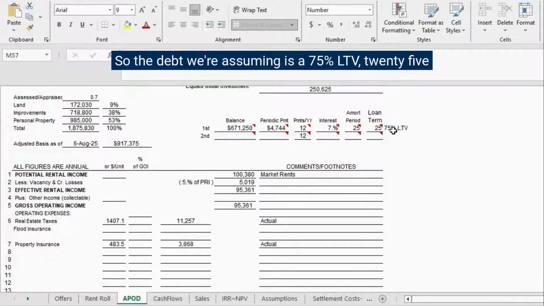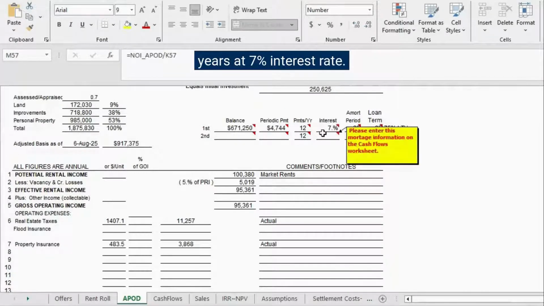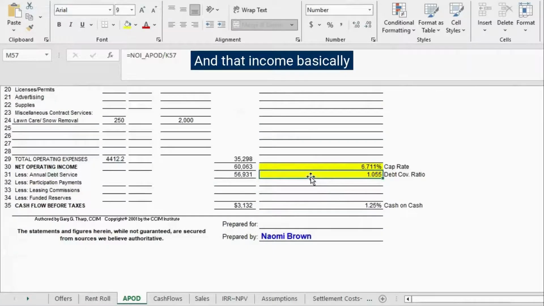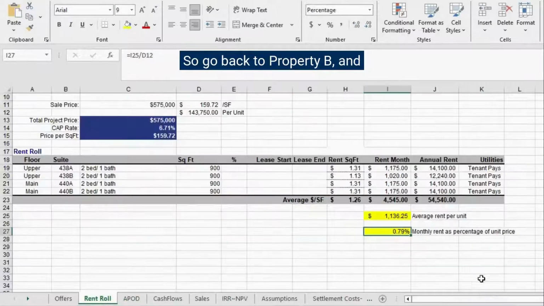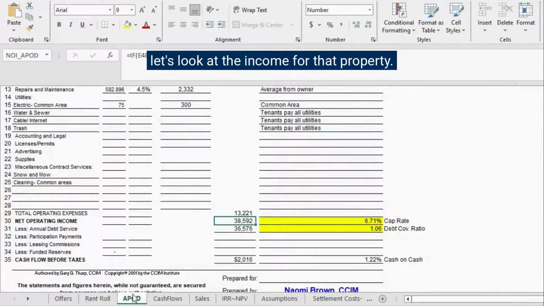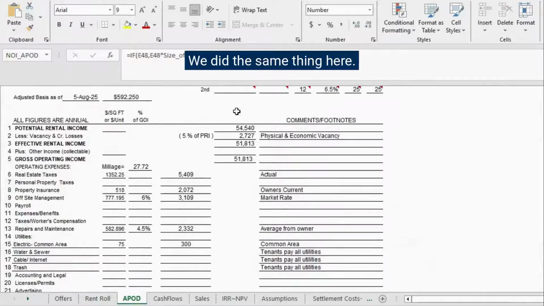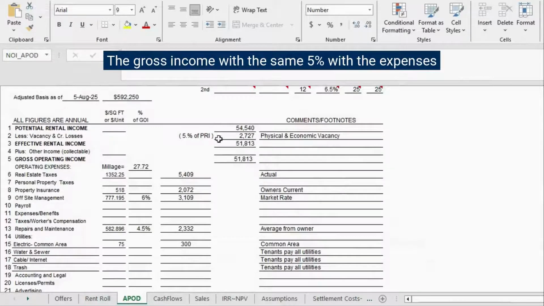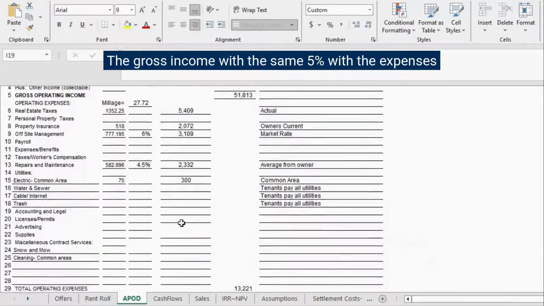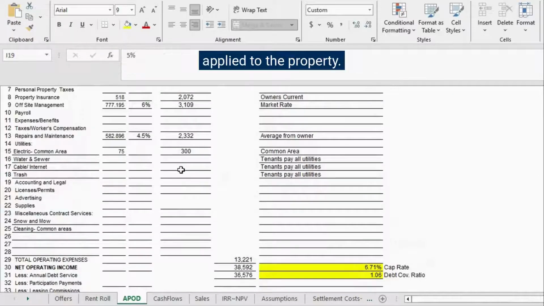The debt we're assuming is a 75% LTV, 25 years at a 7% interest rate, and that income basically almost covers the debt service. So go back to property B, and let's look at the income for that property. We did the same thing here, the gross income with the same 5% vacancy and the expenses applied to the property.